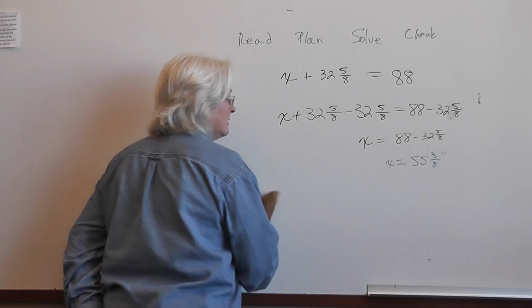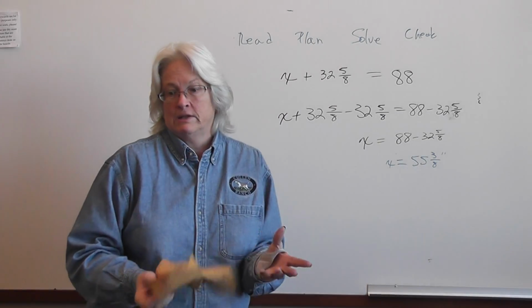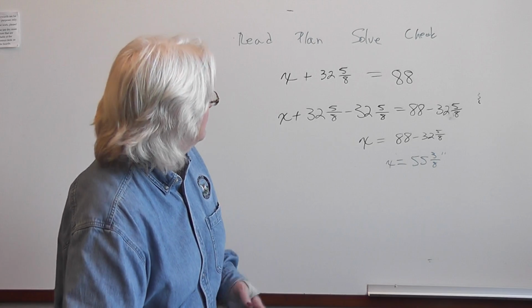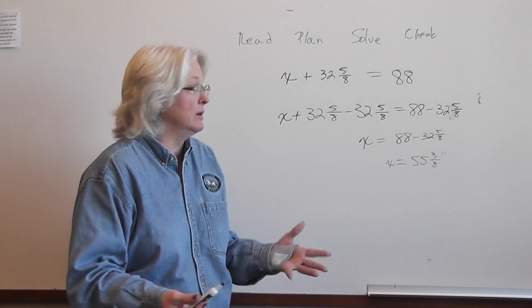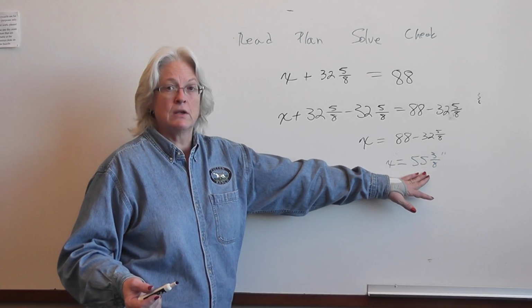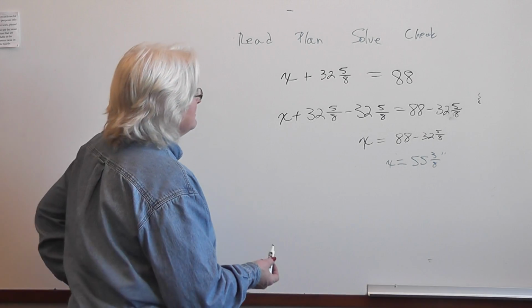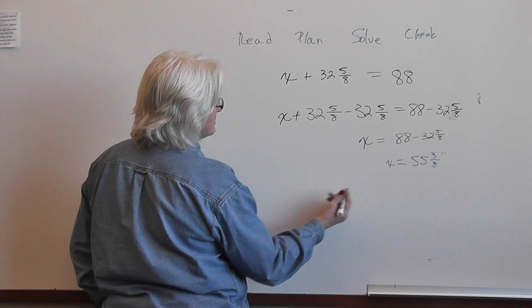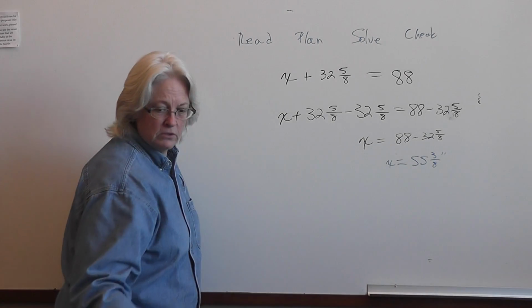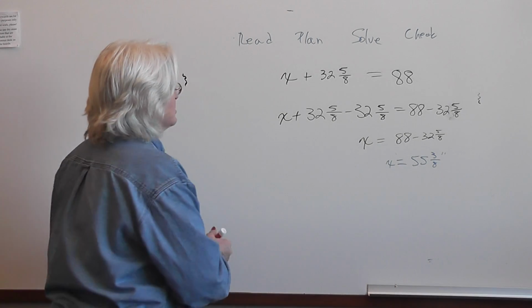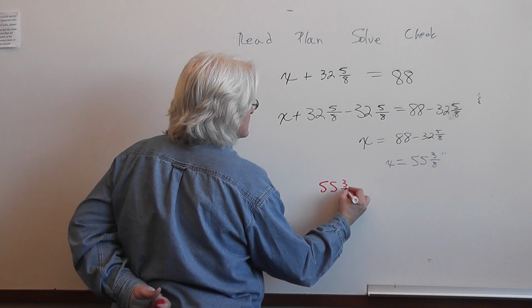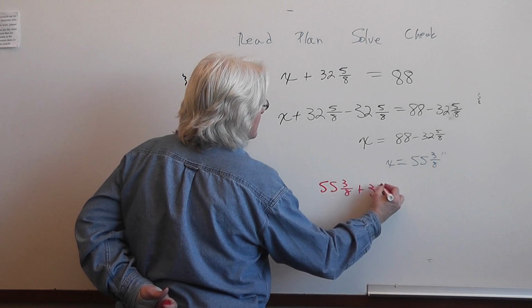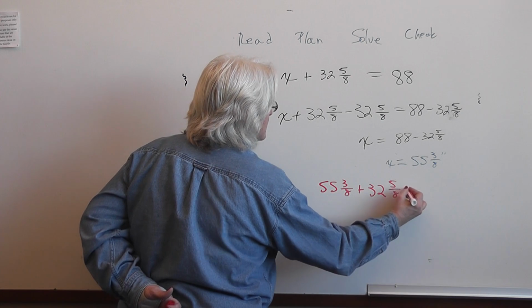Now I said that the most important, in some ways, step to solving a problem is to actually check it. What did we say x was equal to? 55 3/8. So we'll substitute this value into our original equation, and we'll say 55 3/8 plus 32 5/8.